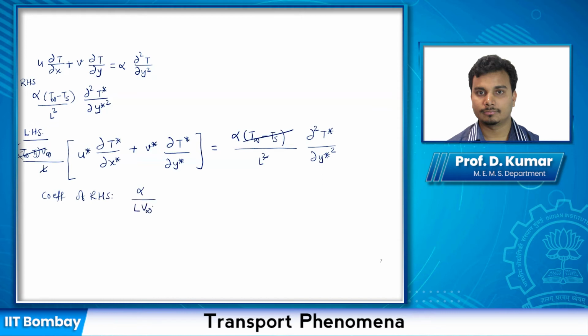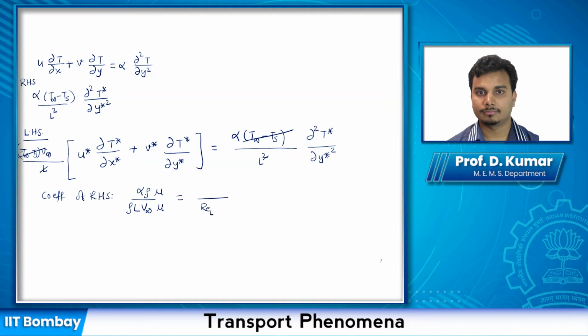So now you can see that you can make some arrangement to make it Reynolds number, because Reynolds number is rho V infinity L by mu. So if I multiply by rho and mu in the denominator and numerator, then this is rho V infinity L by mu, this is your Re_L.